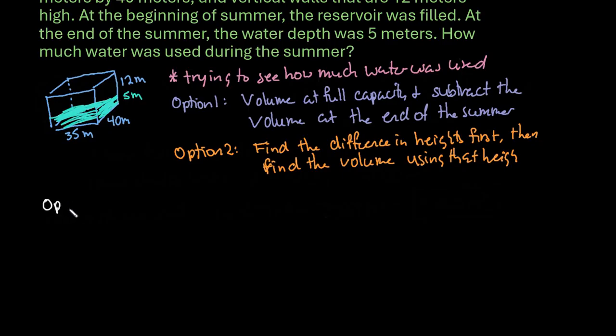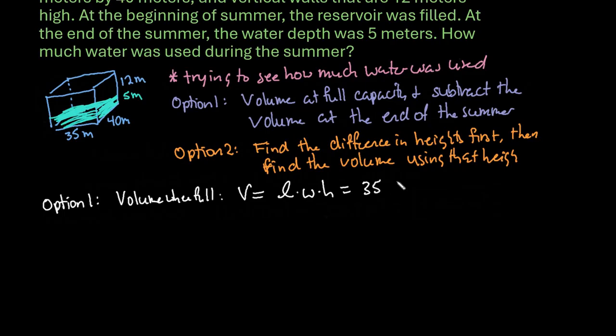So option 1, the first thing we need to do is find the volume when full. Remember that the volume of a rectangular prism is the length times the width times the height. So I would just take 35 times 40, and when full, times 12.